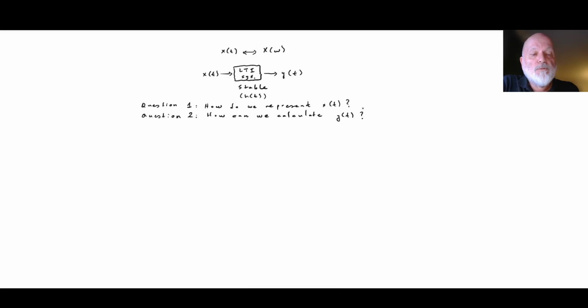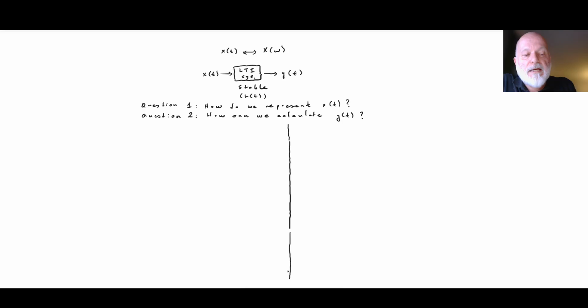Now, these two questions are answered in two different ways, and these two different approaches are in fact identical to each other in a certain sense, but we use different concepts in the two different answers given to these two questions.